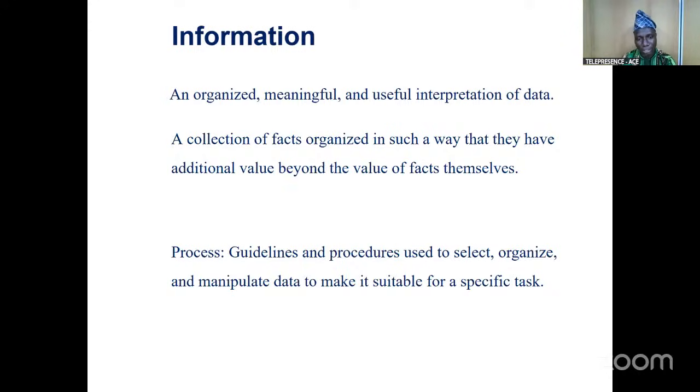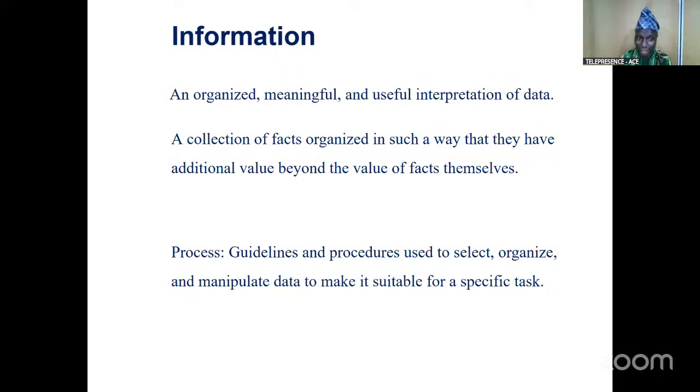The 70 I mentioned in the previous instance, if I said half of the students in the class score 70 in this course, CSC 333, because I say they score 70, that symbolizes excellent grade, that 70 now becomes information because I have added meaning to it.